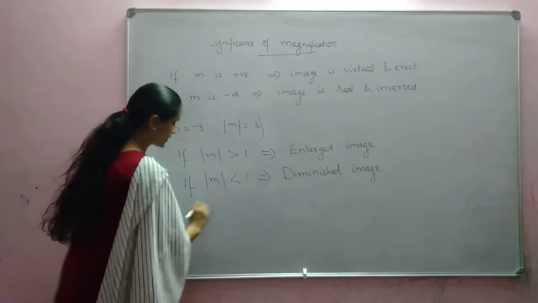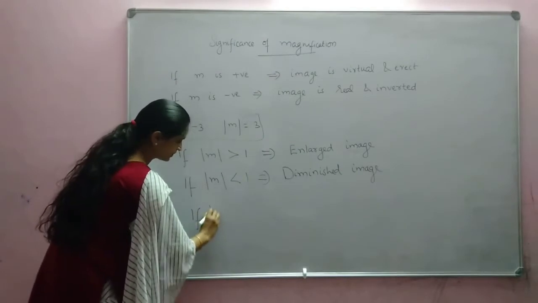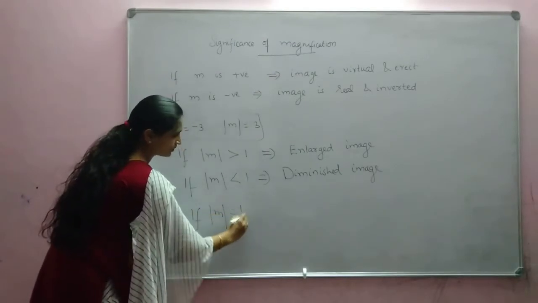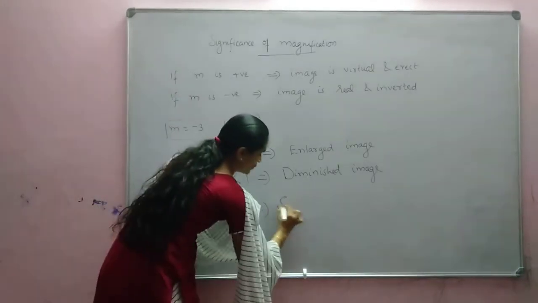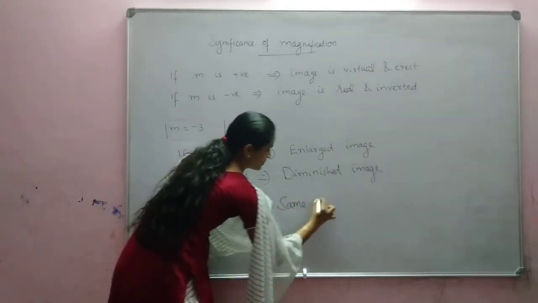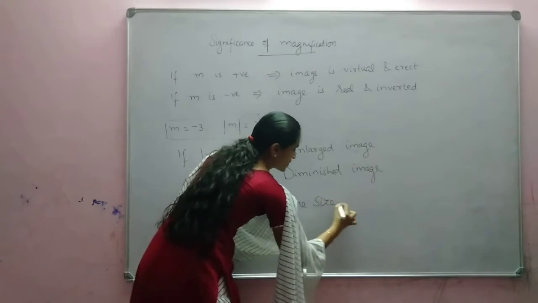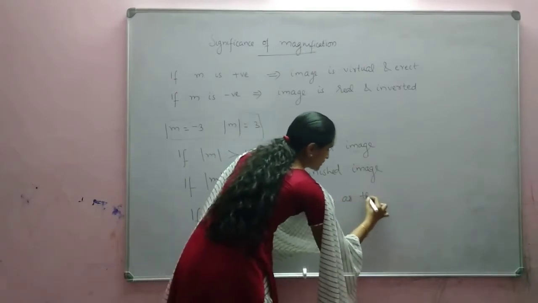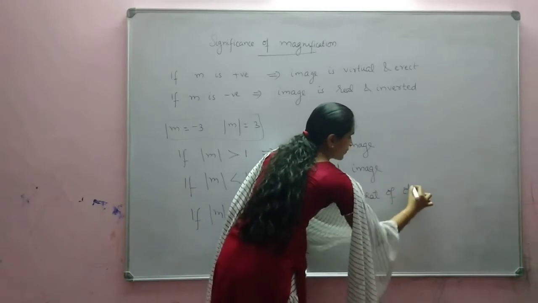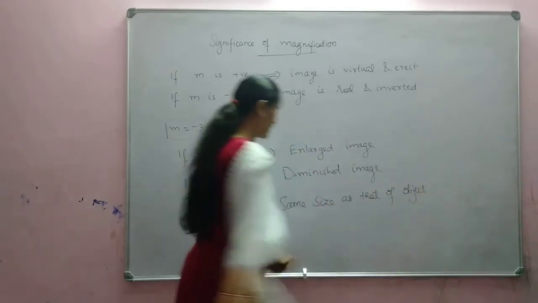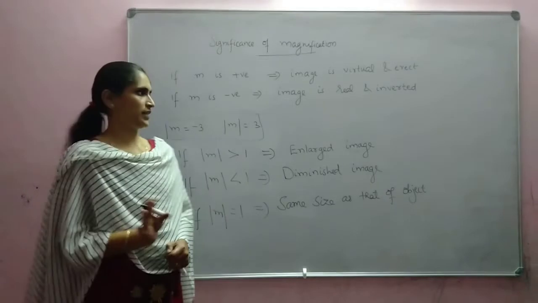And if m is equal to 1, we can say the image is the same size as that of the object.